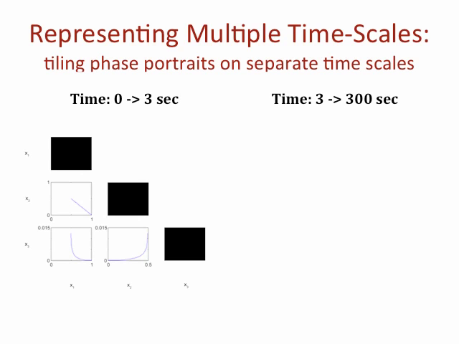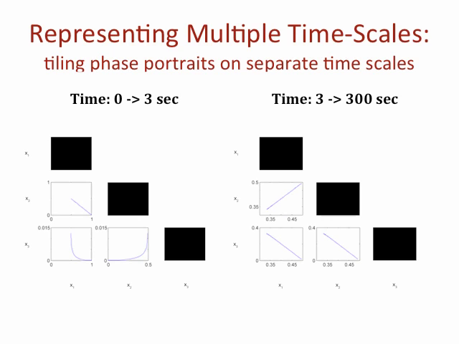I can then look at a slower response of this system over a few hundred seconds, and I can redo this tiled array, and now I see completely different relationships between the variables in the phase portrait. These are all characteristic signatures that I discussed earlier. So this is the concept of graphically representing a multi-scale response.